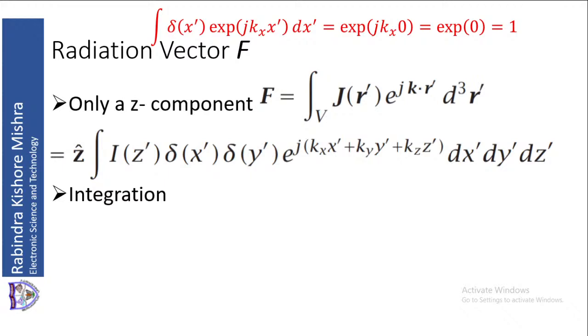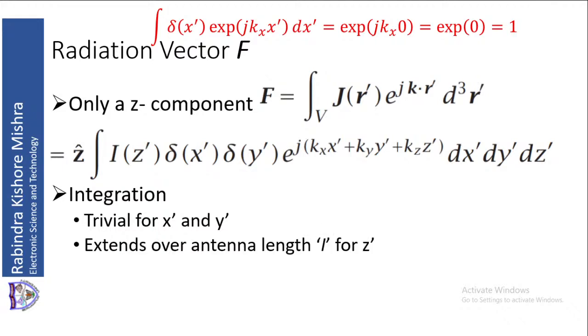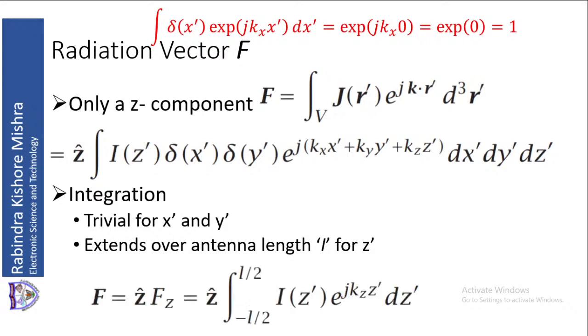Similarly, for the y component of integration, it will again be 1. So if these two are 1, then the integration is trivial in x dash and y dash. It extends over the antenna length L for z dash.